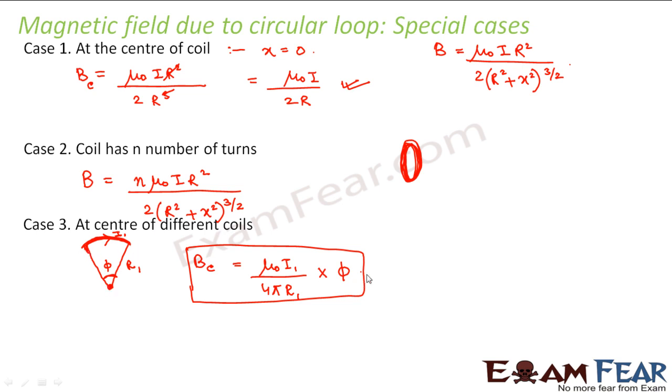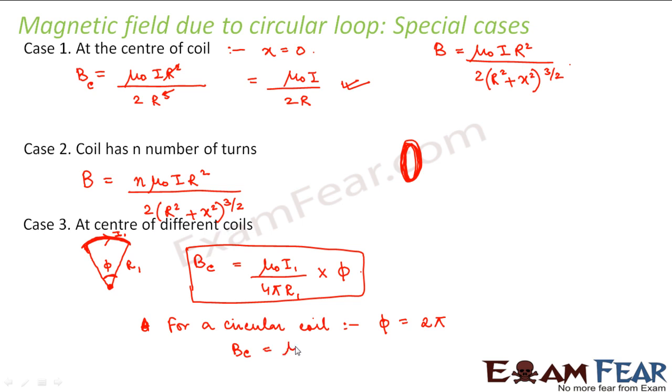Now you can prove the validity of this formula using this. For example, for a circular coil, phi will be equal to 2 pi because a complete circle makes an angle 2 pi at the center.